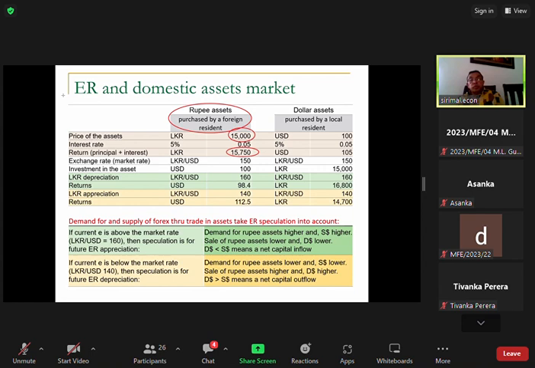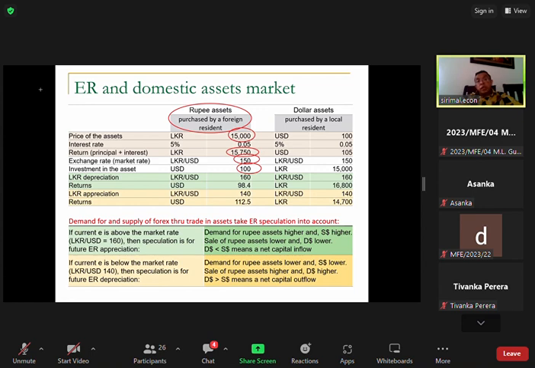Now suppose a foreigner comes to buy this amount of assets, and he brings $100 because the exchange rate is 150 rupees per dollar.